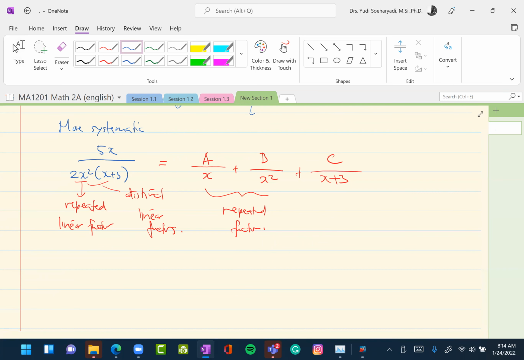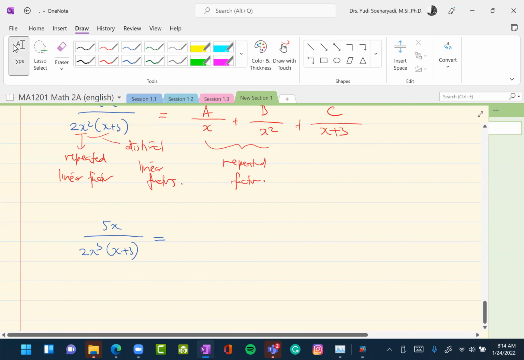Another example, what if I put something like this? How do you decompose this one? This is repeated. This is distinct. What do you do with the repeated one?